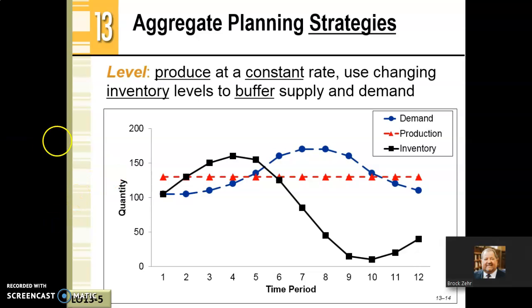So this red line on the graph depicts a level production strategy where we produce the same number of units regardless of demand. And what we can see on this chart, the blue is demand. So here in the first couple of months, demand is actually less than what we produce. So we will, this black depicts inventory, we will actually inventory those excess units because when we get in later parts of the year, demand is actually more than what we produce. So we're going to pull units from inventory.